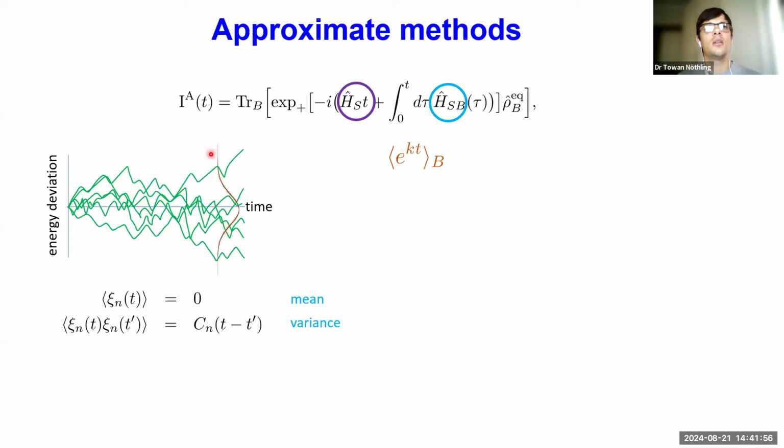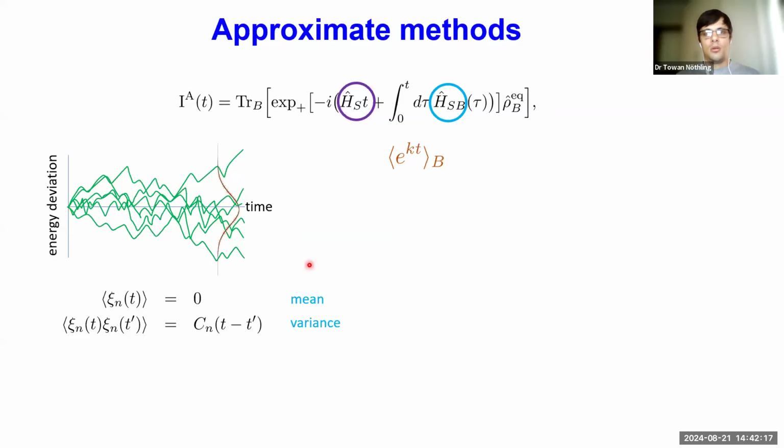But we have seen that these energy level fluctuations conform to Gaussian statistics, and a Gaussian distribution is fully characterized by its mean and its variance.